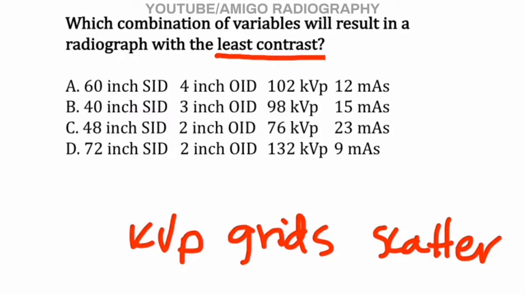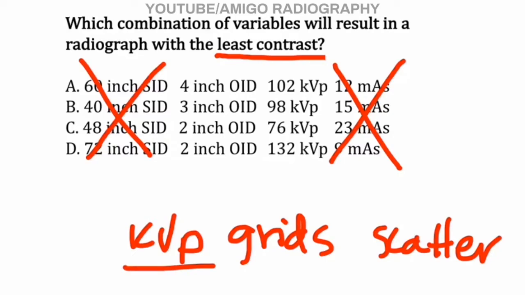So when we're talking about contrast, we don't need to be worried about SID, and we definitely don't need to be worried about our mAs, because those two things do not affect our contrast. The main factor that affects our contrast is kVp, and to a lesser extent in this question, OID can also affect our contrast.